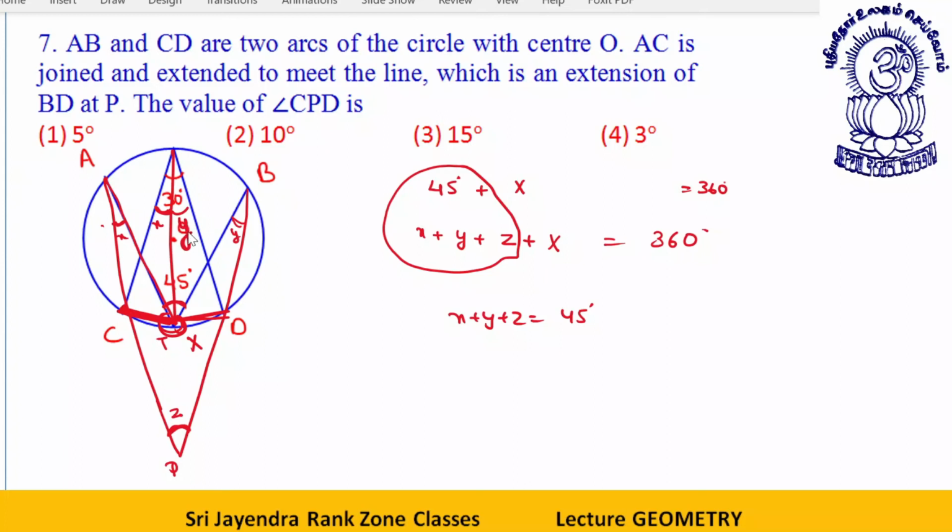So this is also y. So this x and y combine to give you 30 degree. So x plus y is 30 degree, plus z is equal to 45 degree. Therefore z is equal to 15 degree, and I am sure it is clear to all of you. Okay, dear students, clear to all.